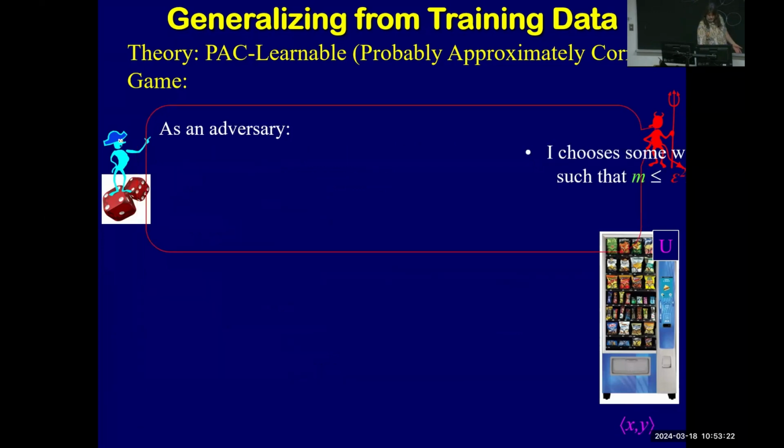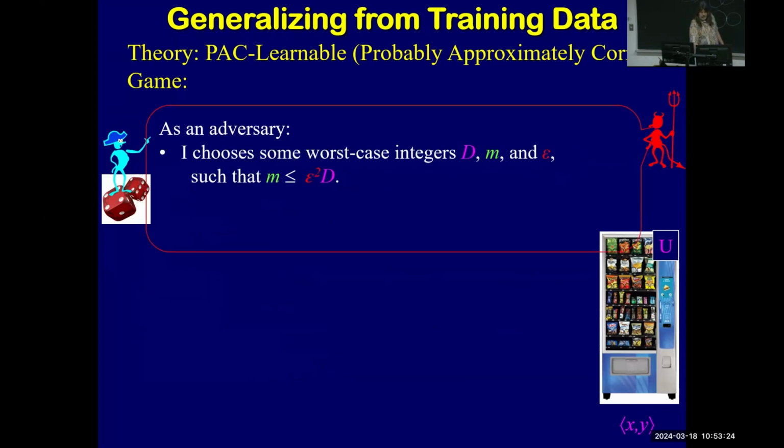All right, so then the adversary gets to define some other things. It has 3 parameters. Capital D is how much training data we'll have. Little m says how many bits we'll use to describe our machine.